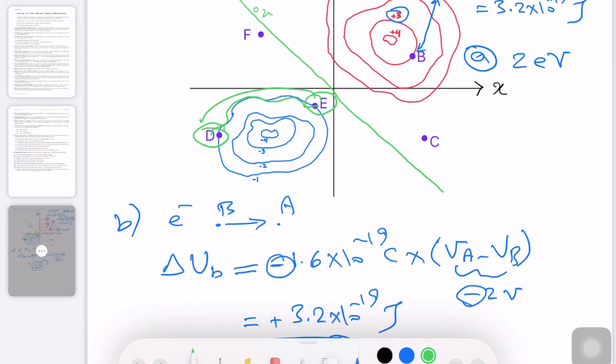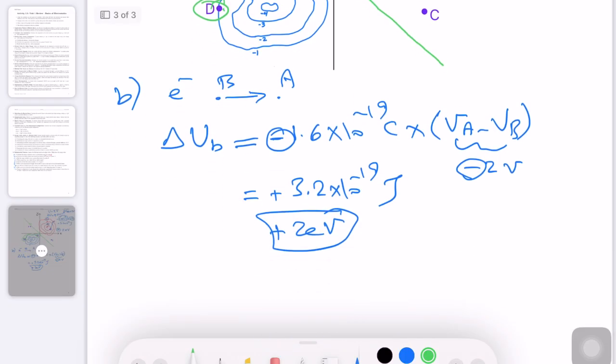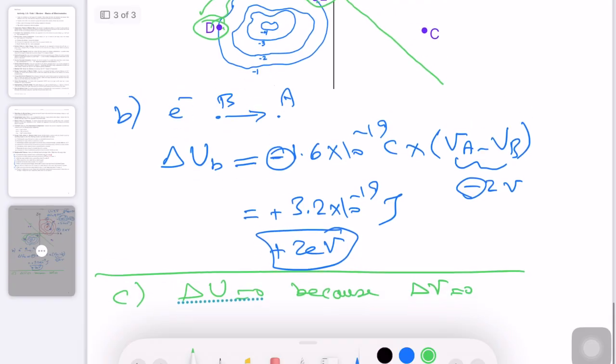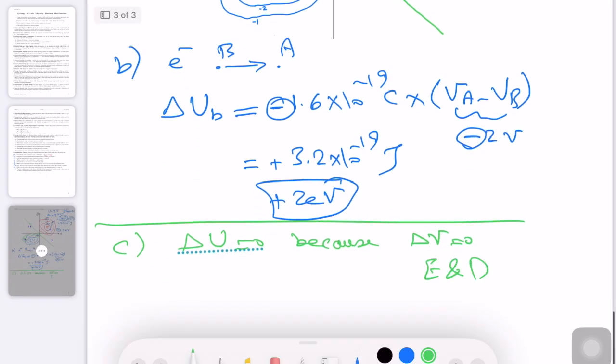So it doesn't matter how you go there, but the point is you're moving from a point to another point with the same voltage. Therefore, you don't really need any energy for that. So the answer to part C is that delta U is 0 because delta V is equal to 0, and this is because point E and D are both on the same voltage contour.